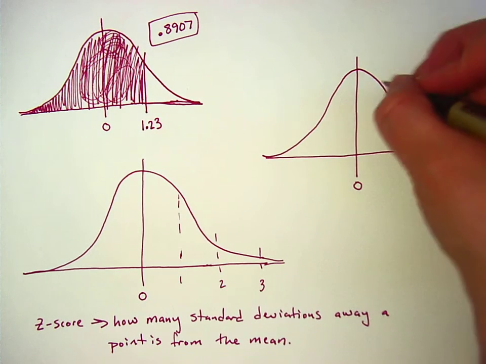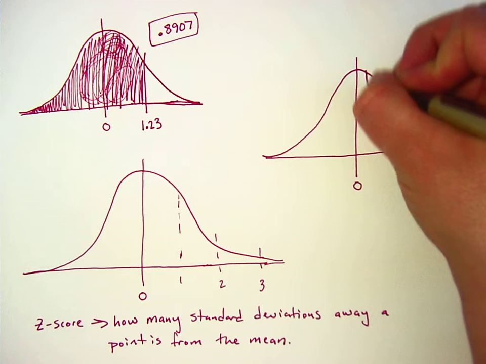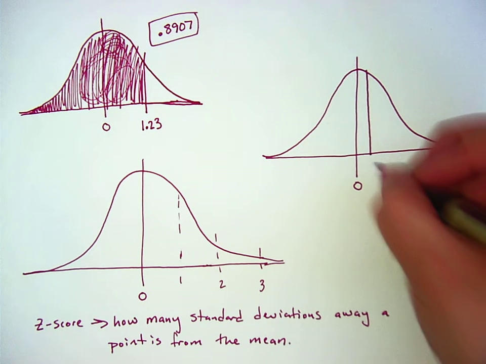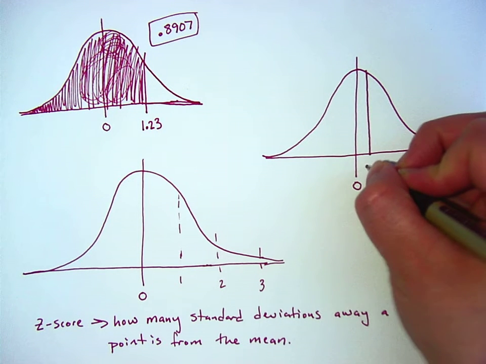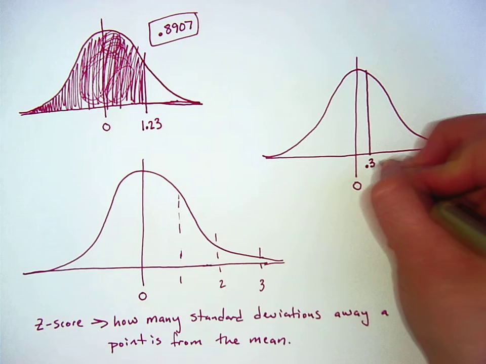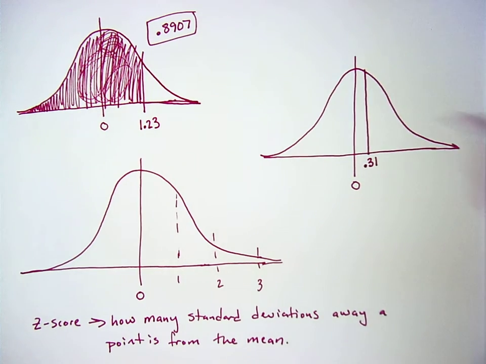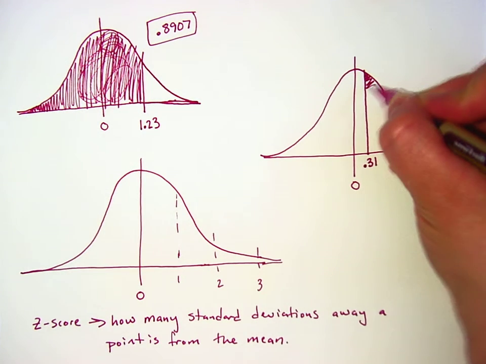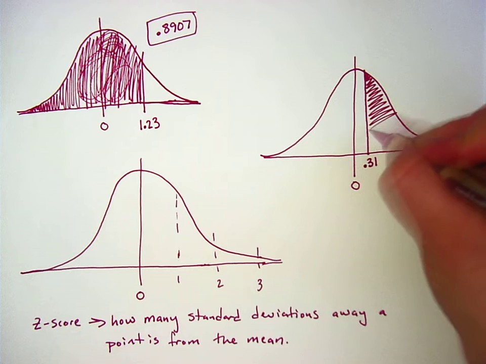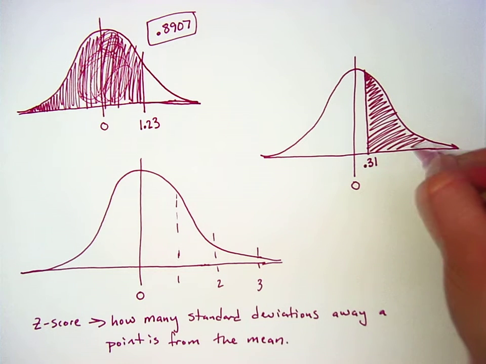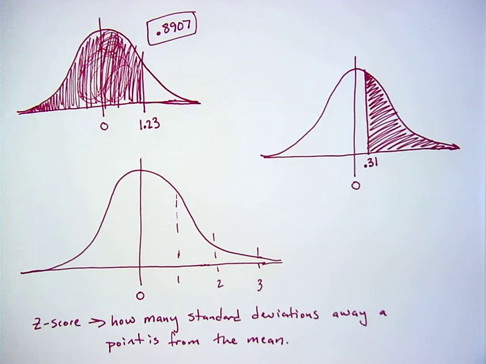All right, so now we're going to do another one. This one is going to be 0.31, but this time I want you to shade to the right of that. So we are still on the positive side.